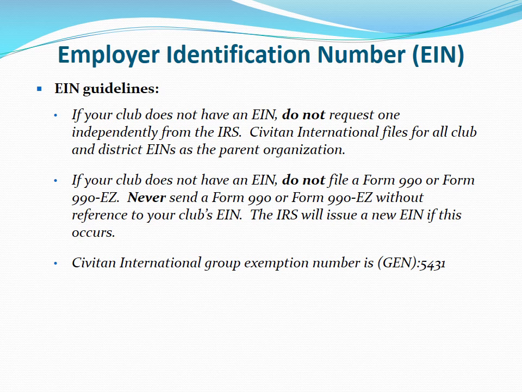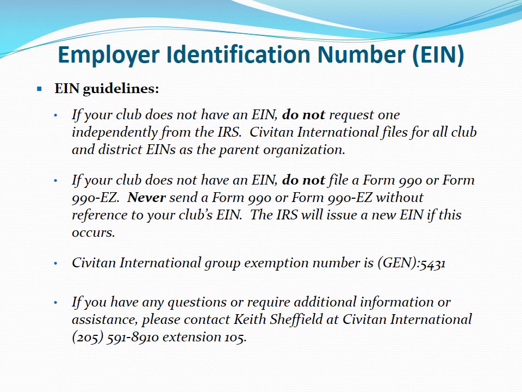Civitan International Group Exemption Number is GEN:5431. If you have any questions or require additional information or assistance, please do not hesitate to contact Civitan International's Keith Sheffield. His number is 205-591-8910, and he may be reached at extension 105.